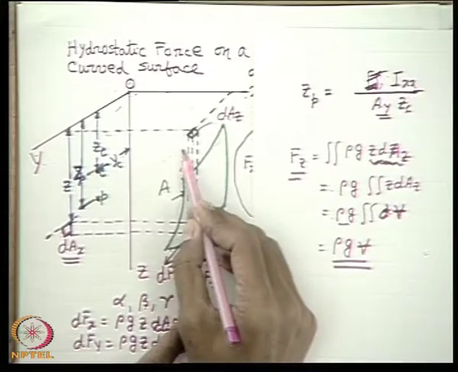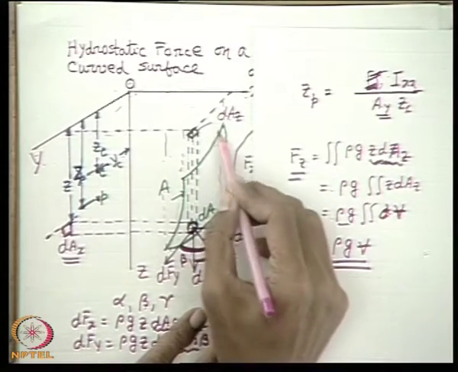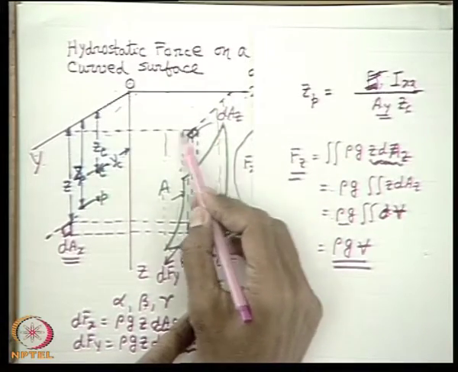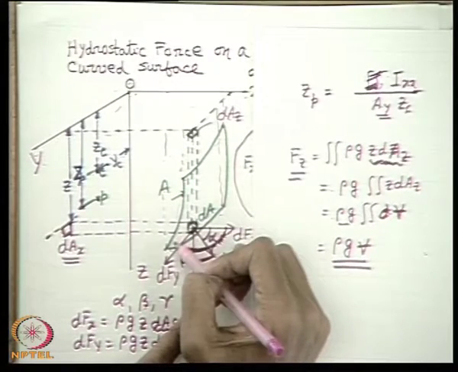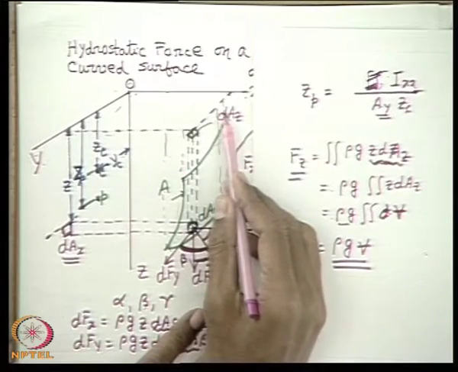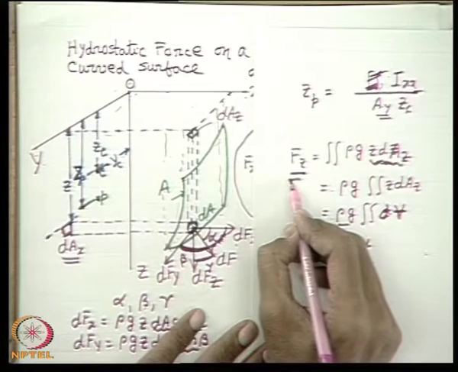That means if we make vertical projections from these surfaces up to the free surface, then the bulk of the liquid contained within this vertical projection, from the curved surface to the free surface, the weight of that liquid is equal to the vertical component of the hydrostatic force.